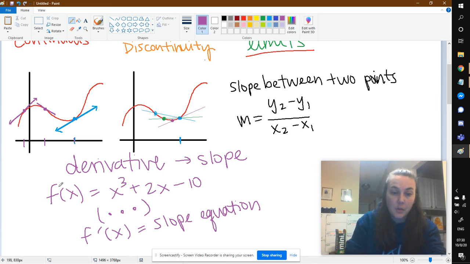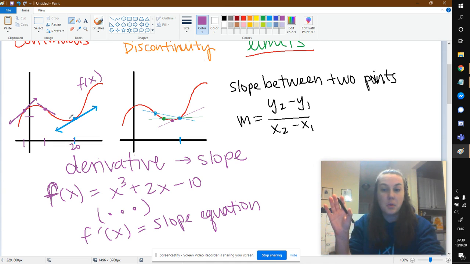So, for instance, if this was f of x, it's not, but let's pretend, I would plug in 20 to the original equation to figure out the y, as we've been doing since Algebra 1. And I would plug in 20 to the slope equation to figure out the slope of this tangent line. And that seems like a magically acquired equation, but actually it's pretty chill.